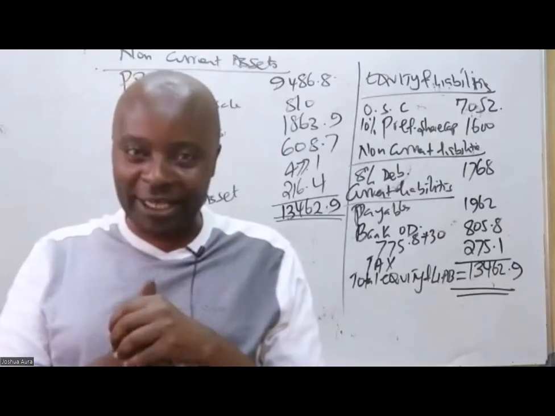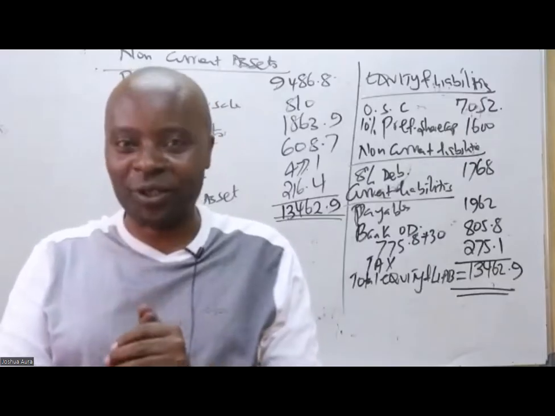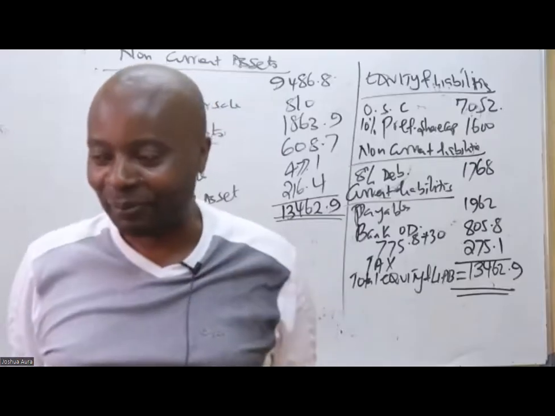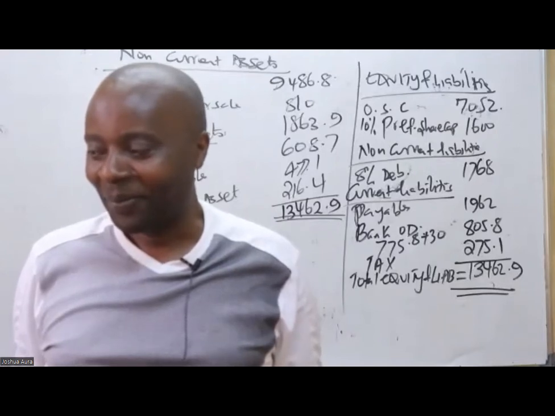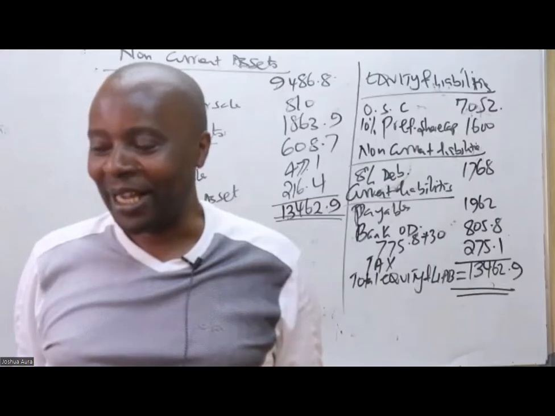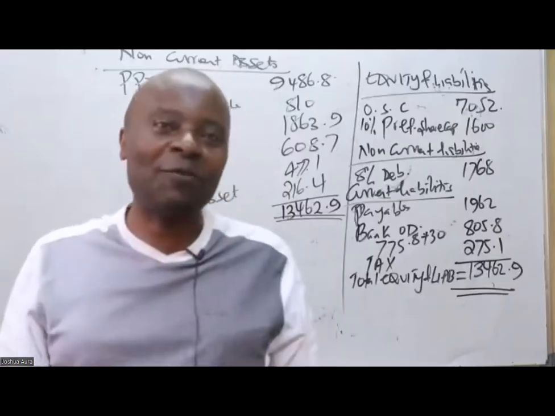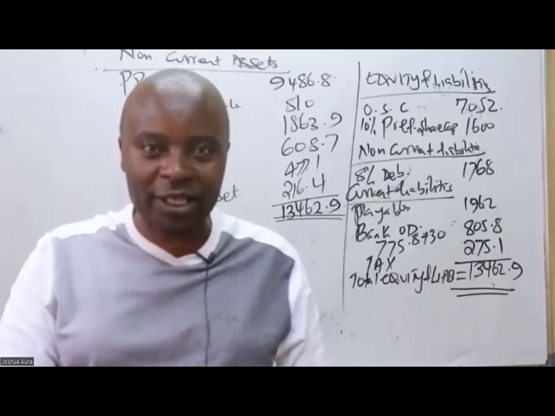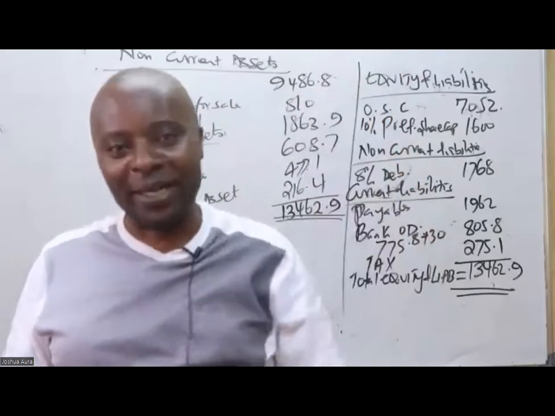If you go to an exam this semester and you get a question of external reconstruction, where do you think will be the most appropriate area to start from? Yeah, you start from the balance sheet. You do journals. Those journals are free marks. Even if you miss a few things, you do journals, and then you can go back and do those other things of closing the old company.